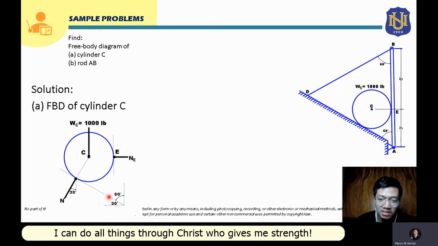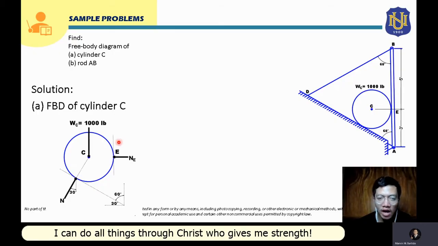This angle from the horizontal is 30 degrees, so the inclination of this surface from the horizontal is 30 degrees. If I draw a vertical line here and measure the angle of the normal force from that vertical, it will also be 30 degrees. So that will be the angle of that normal force from the vertical line that we have drawn here.